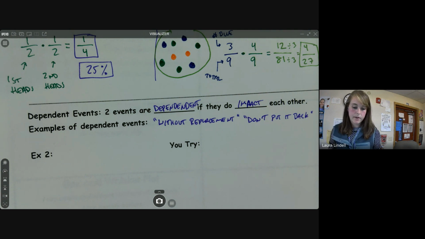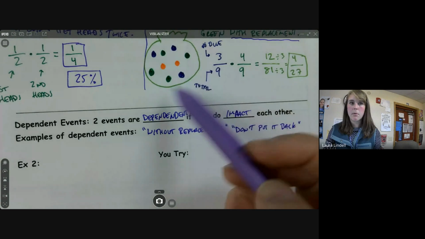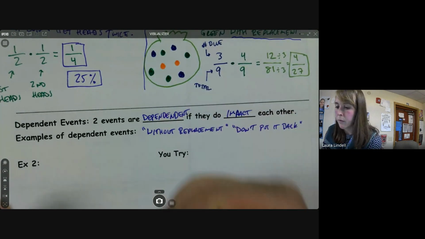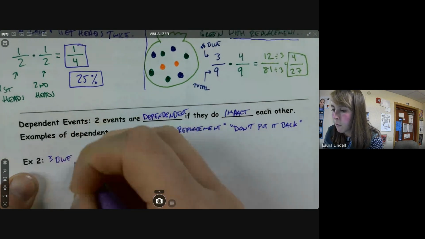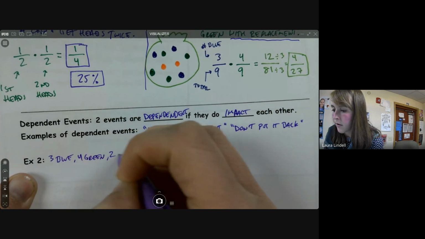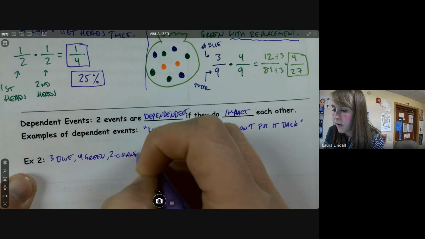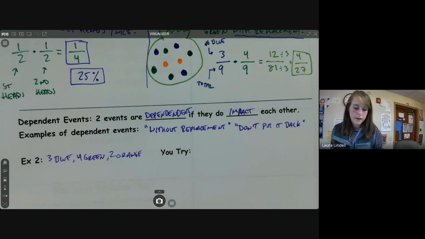So we're going to use this same bag of marbles here that we've been working with. Maybe we want to write down that there were 3 blue, 4 green, and 2 orange. Just to kind of keep records for ourselves here.